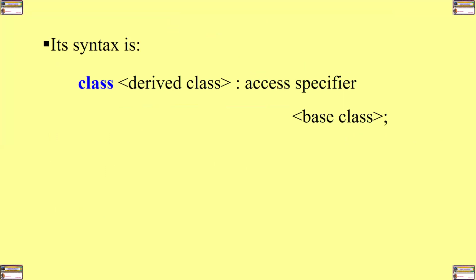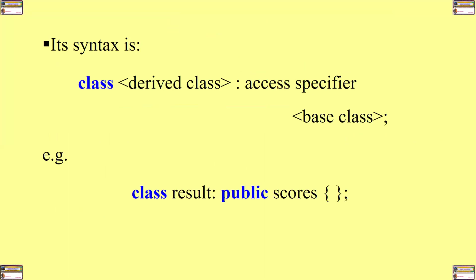We have the reserved word class, then the name of our derived class, then a colon, access specifier, base class, and semicolon. For example, if we have a base class called scores and we want a single class called result to inherit its properties, we can code it as follows.